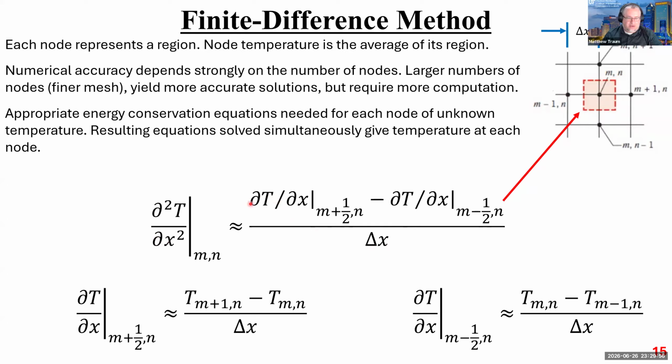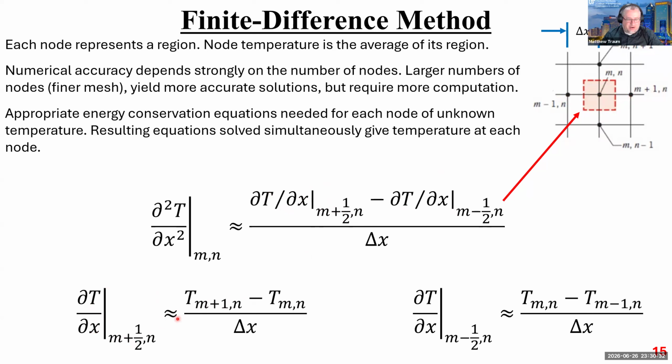And notice, these are still partial derivatives with respect to x, but then I have to define those partial derivatives with respect to x also in terms of my nodal network. So this term, dT/dx at m plus 1/2 comma n, is a first derivative with respect to x, and I can approximate that as a difference between the temperature here and the temperature here, divided by the distance.